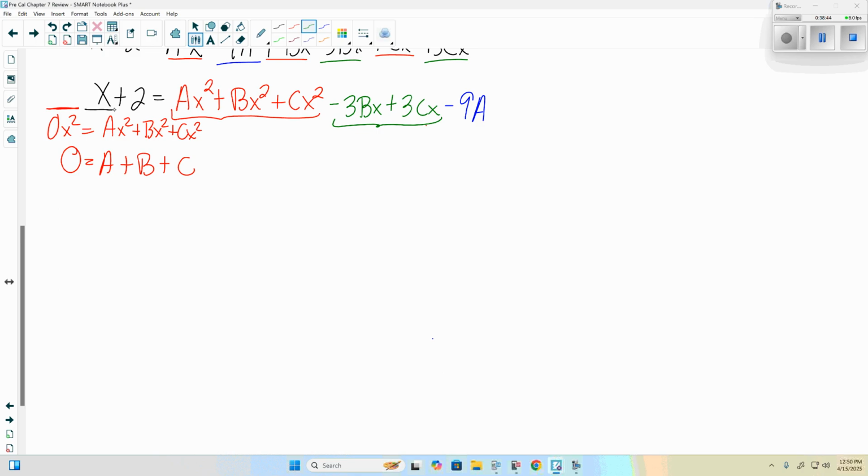Our term with x, we do have 1x, or 1 is equal to negative 3b plus 3c. And again, all we're skipping is x is equal to negative 3bx plus 3cx.